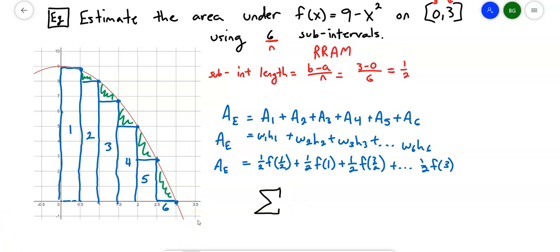So let's try to express this in generality first, and then we'll make it specific to this example. So we're going to sum from the first rectangle all the way to the 6th rectangle. And what are we summing? Well, we're going to sum the areas. So I guess we could just say A sub n, and that would be our estimated area.